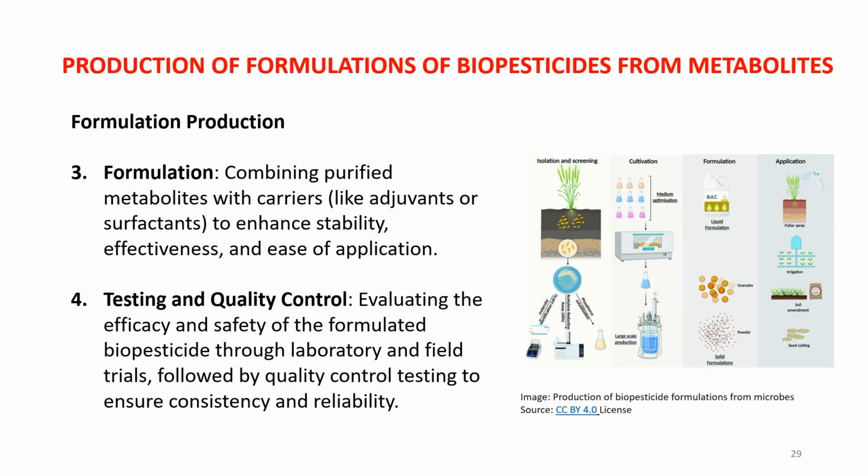So, we combine purified metabolites with carriers like adjuvants or surfactants to ensure stability, effectiveness, and ease of application. We also go for testing and quality control, evaluating the efficacy and safety of the formulated biopesticide through laboratory and field trials, followed by quality control testing to ensure consistency and reliability.